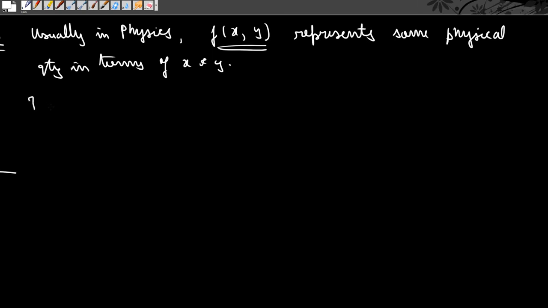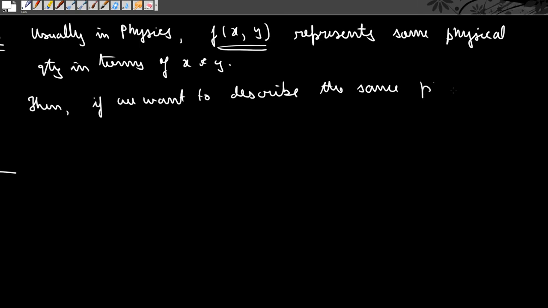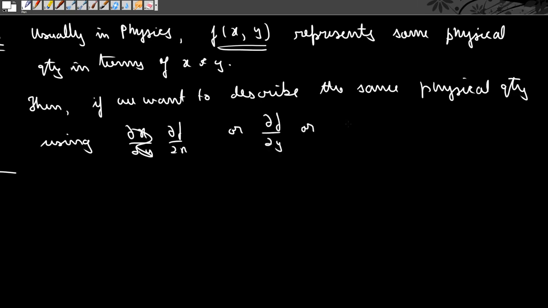So then, if we want to describe the same physical quantity using ∂f/∂x, or ∂f/∂y, or ∂f/∂x and ∂f/∂y, then all we need to do is take the Legendre transform of this, because the Legendre transforms are nothing but viewing the same thing from different perspectives, as we have already seen.